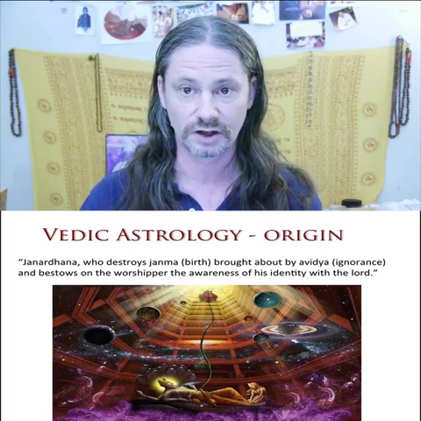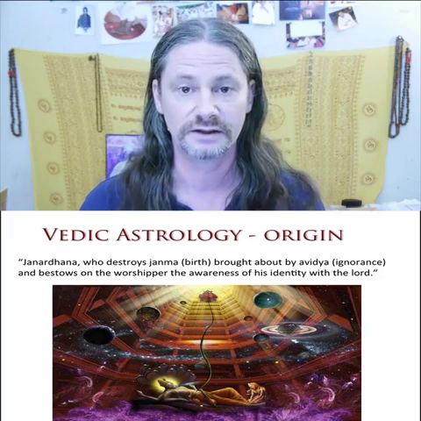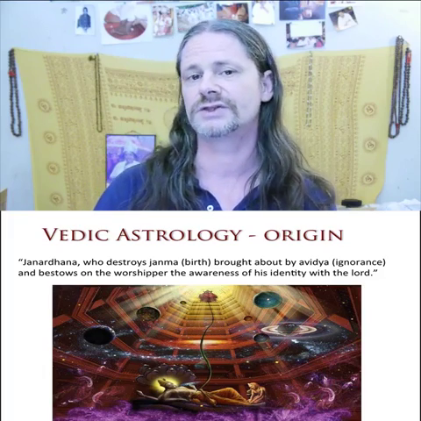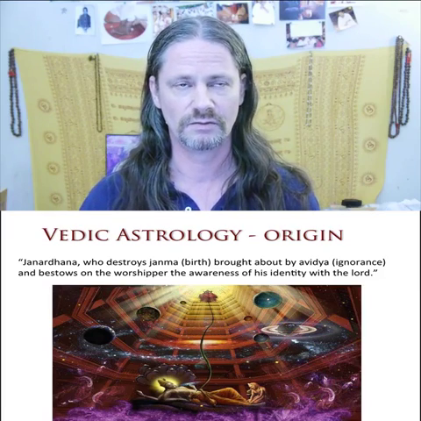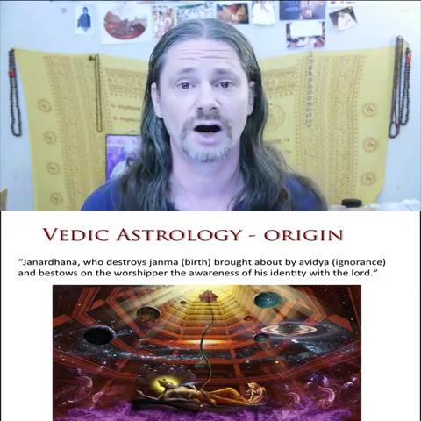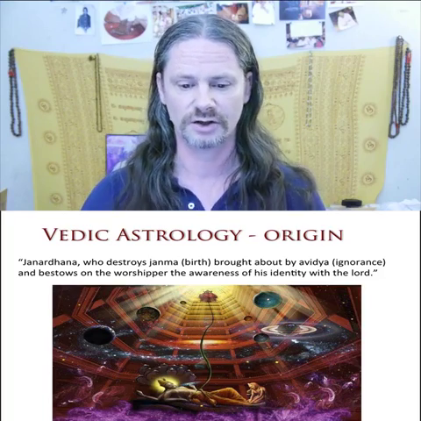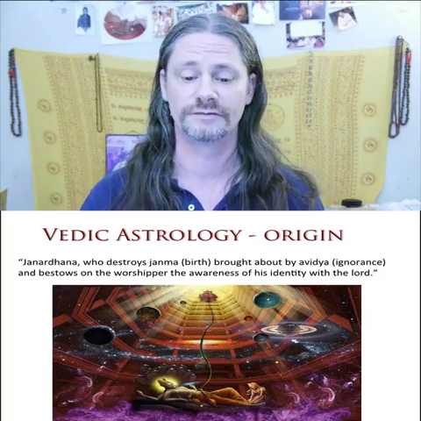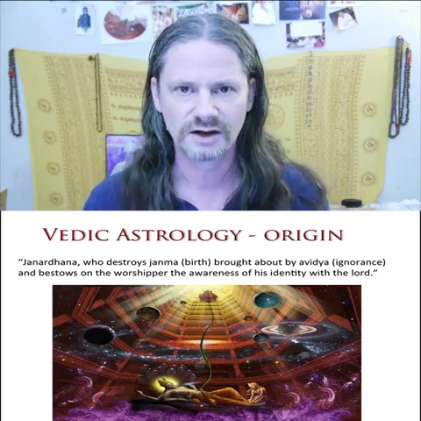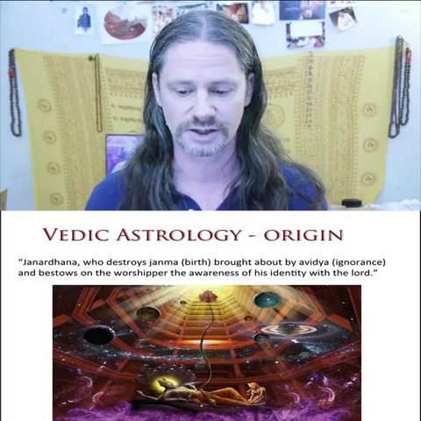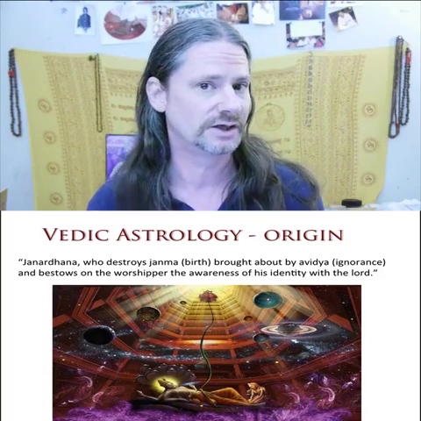That's what the incarnation of Lord Vishnu as Janardhana means. And again, this is the term that the Rishi Parashara gives to Lord Vishnu as the 9 Grahas. He is Janardhan. So as the 9 Grahas, Lord Vishnu is the one who destroys birth, which means destroys your incarnation brought about by ignorance.